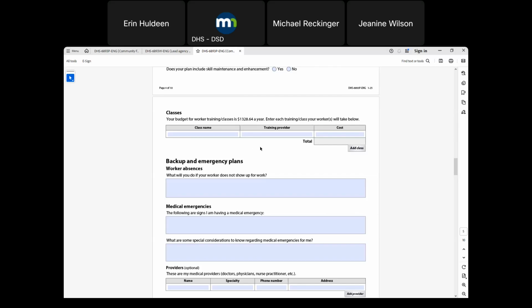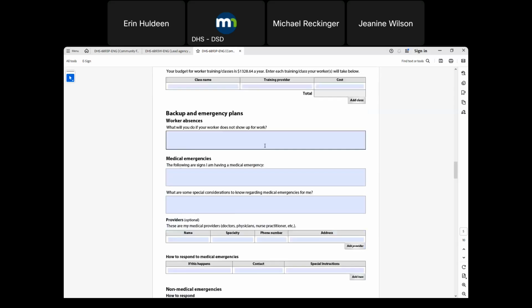Okay, so the supervising professional under CFSS, that is where the $1,328 is coming from. And if you do run out of those funds, you can request to have additional worker training and development funds added to the person's service agreement. Okay.